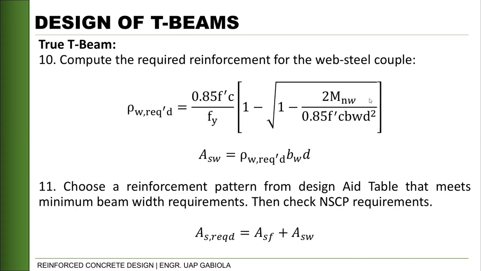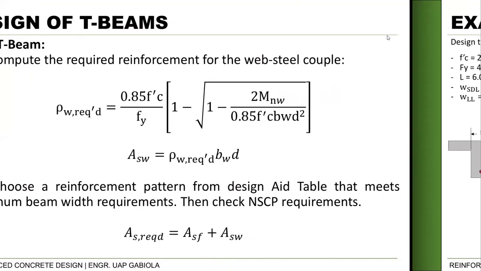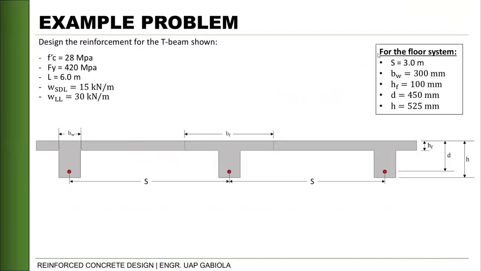Okay, so let's solve two design problems to better understand the steps that we have discussed. For the first one, design the reinforcement for the T-beam shown. We have f'c equals 28, fy is 420. Length of the beam is 6 meters.